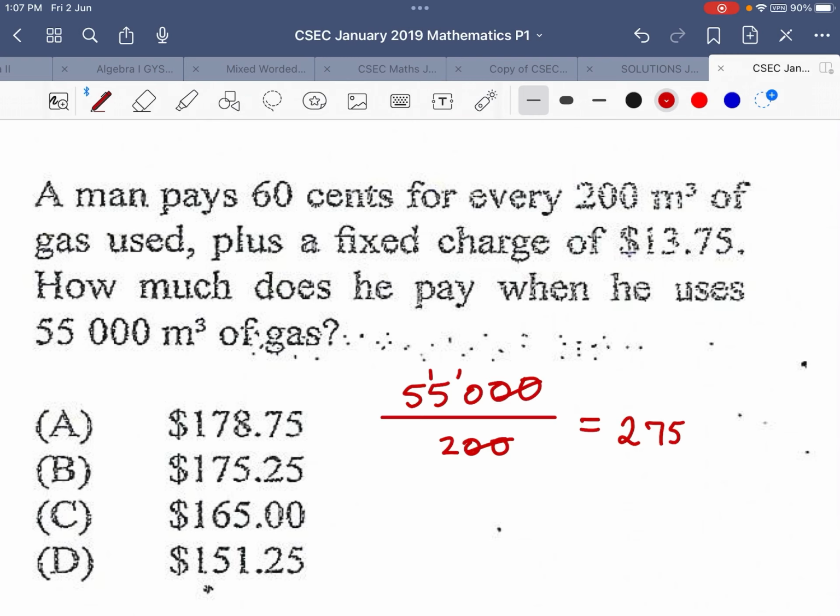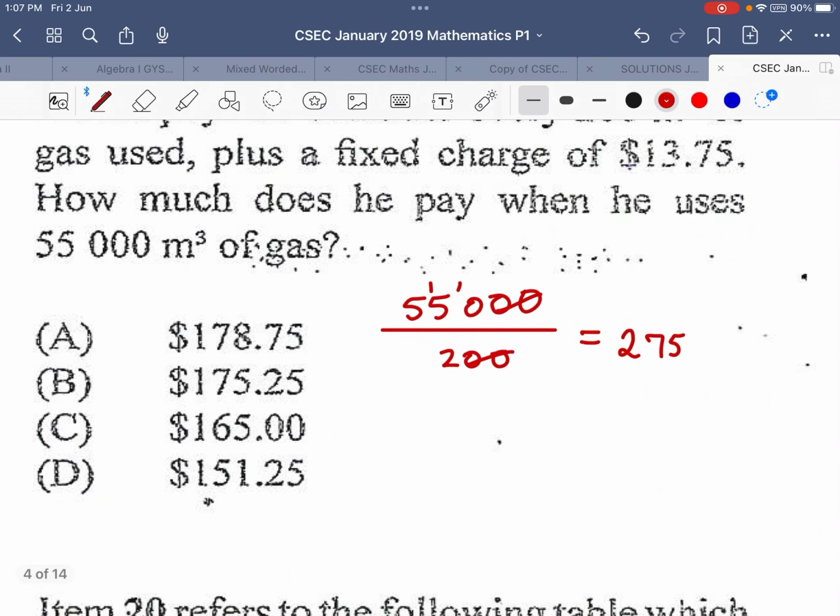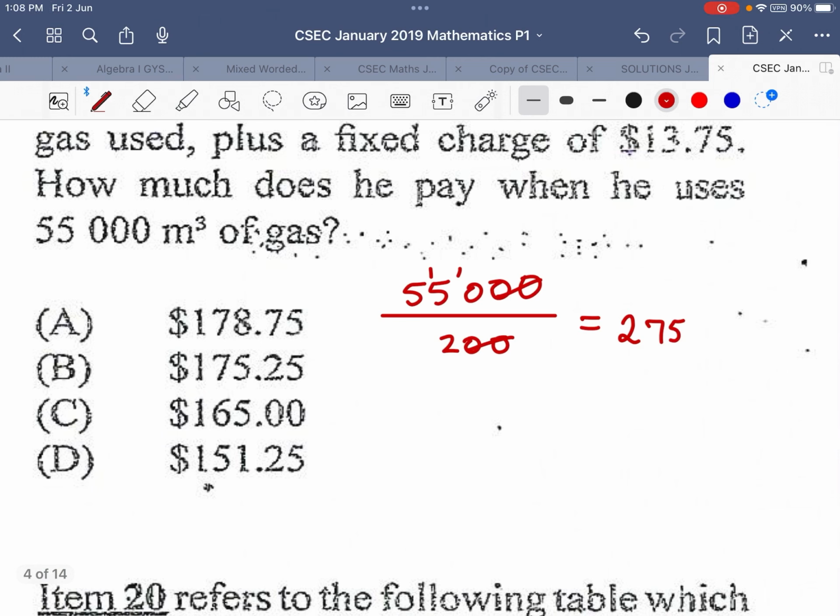So he's charged 60 cents 275 times. So his total bill would be 275 multiplied by 60 cents, so 0.6. Again, we'll multiply and then add the decimal point in later. We have 1 decimal point.